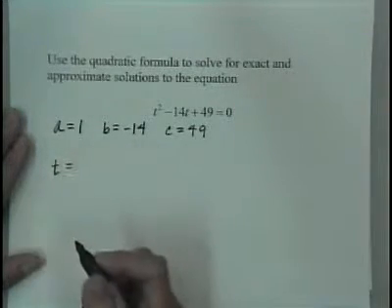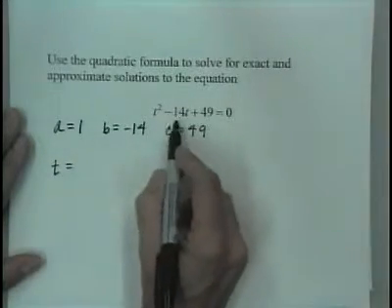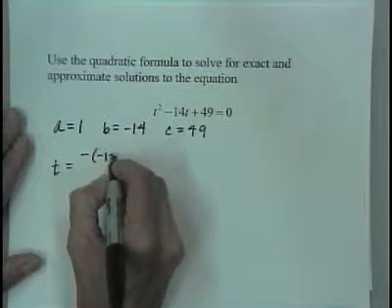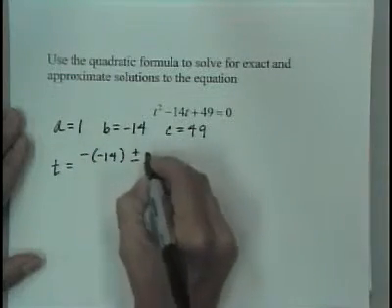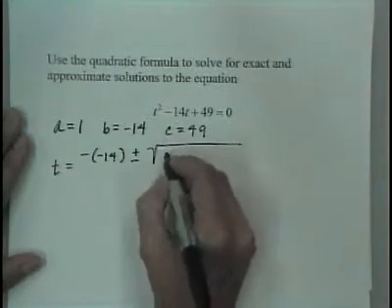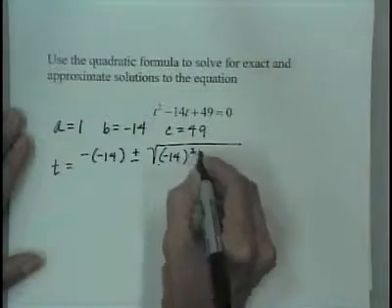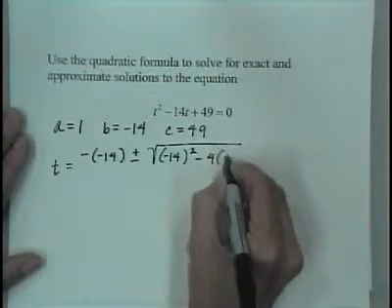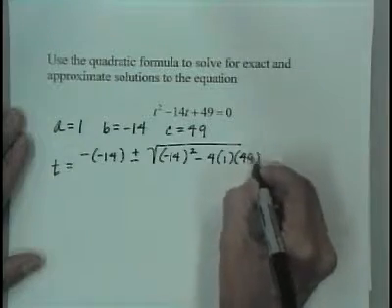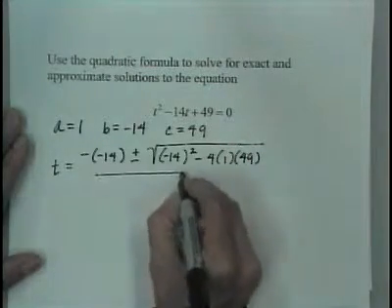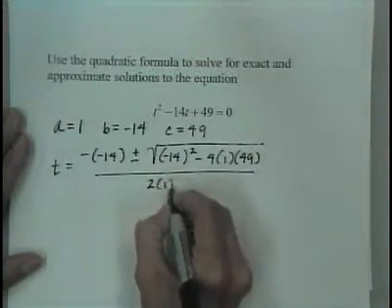Substituting into the formula, I'll have t equals negative negative 14 plus or minus the square root of negative 14 squared minus 4 times 1 times 49, divided by 2 times 1.